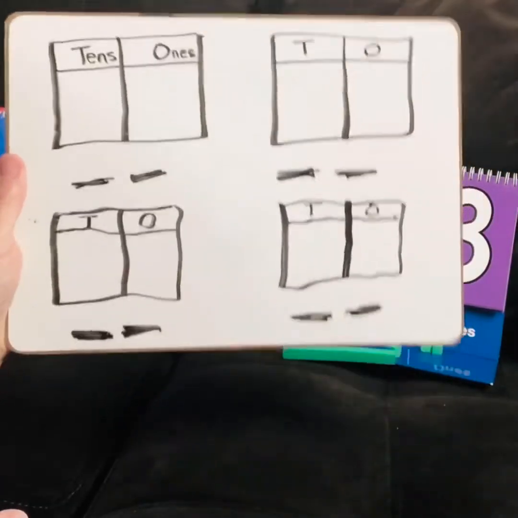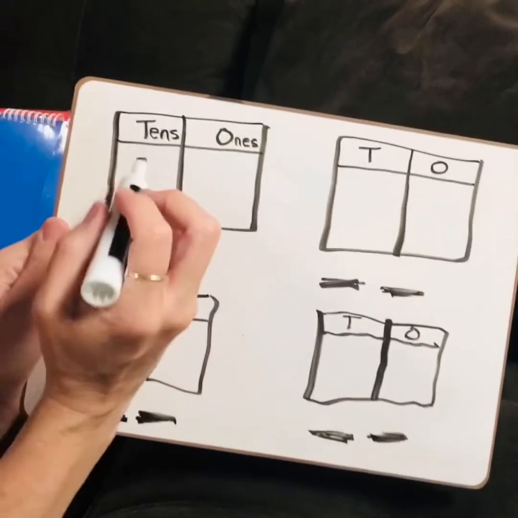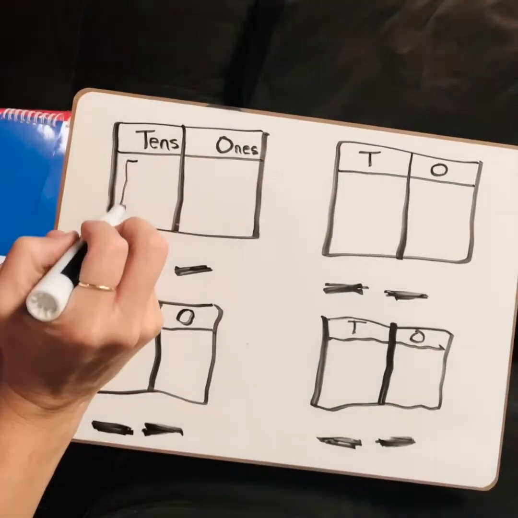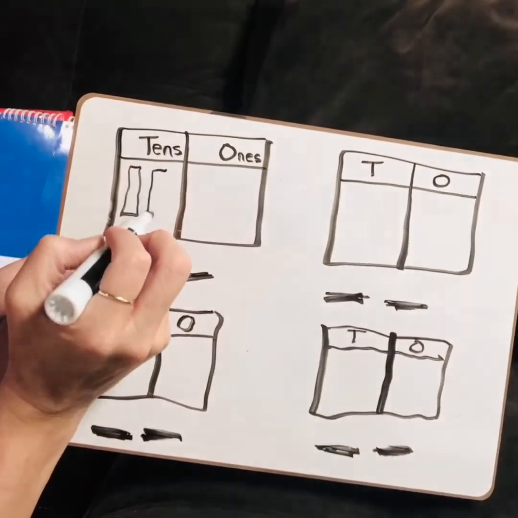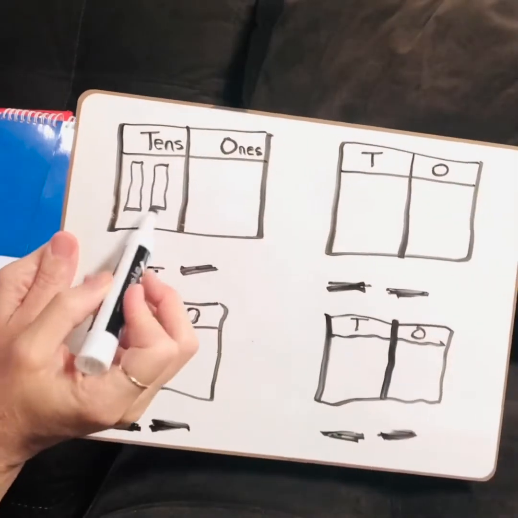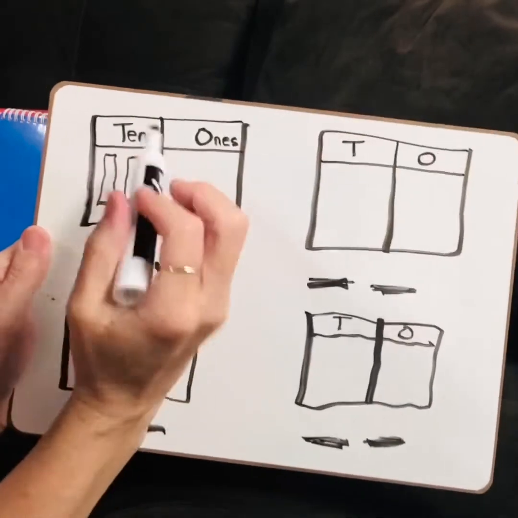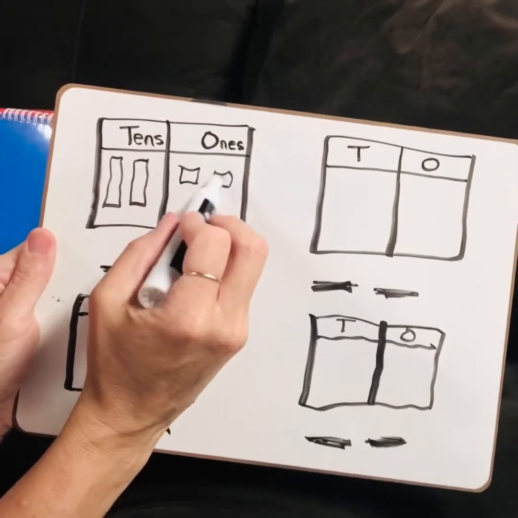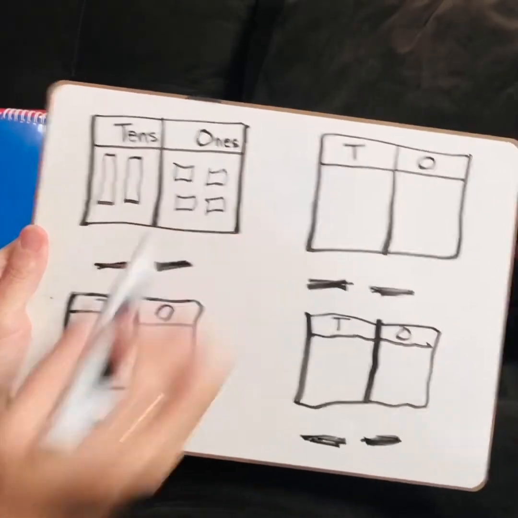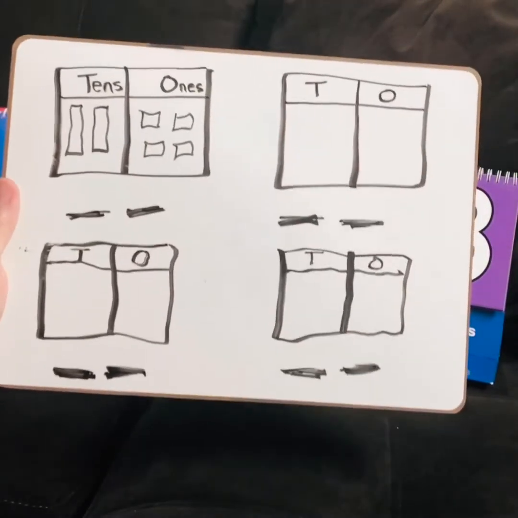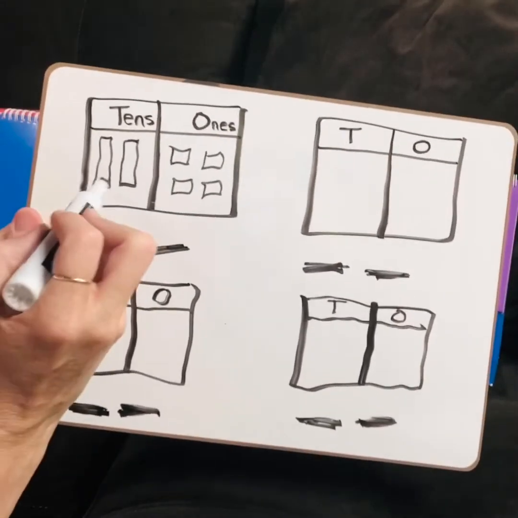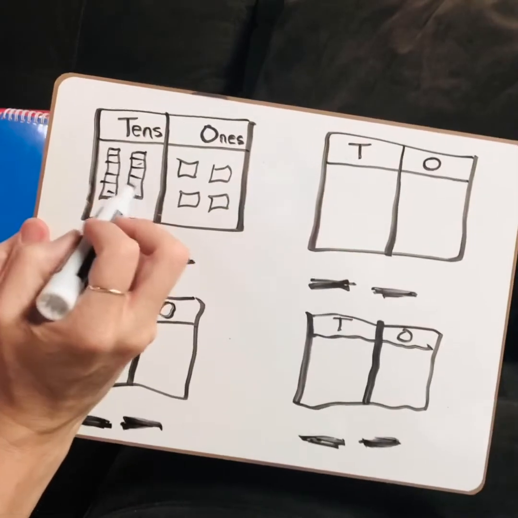Then parents, you can go ahead and draw some problems for your child to figure out. For example, I am going to put 2 10 rods, which is like this, in here. And then I'm going to put some ones over here. And then you're going to have your child figure this out. Remember, these are 10.